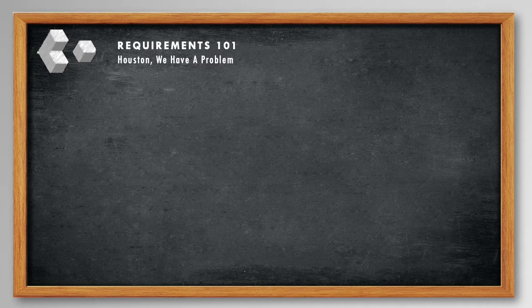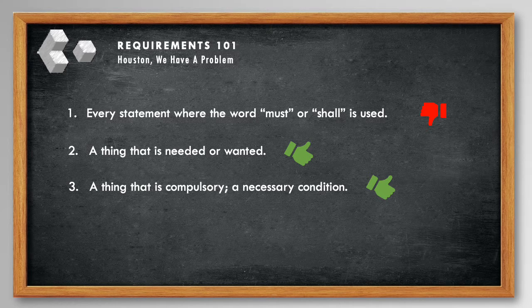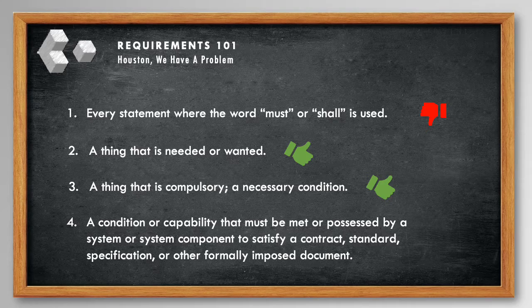It's probably safe to assume that most of you just ignored that instruction, so here is a quick recap of Module 1. Houston, we have a problem. We looked at both an unacceptable and a couple of acceptable definitions for the term requirement. We covered a basic definition that you could use at the bar or at the gym, as well as IEEE's version that we would advise against using at the bar or the gym.